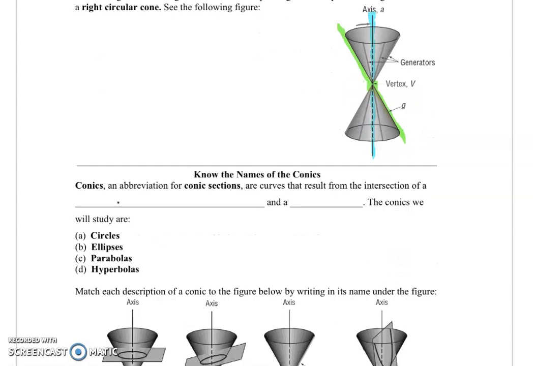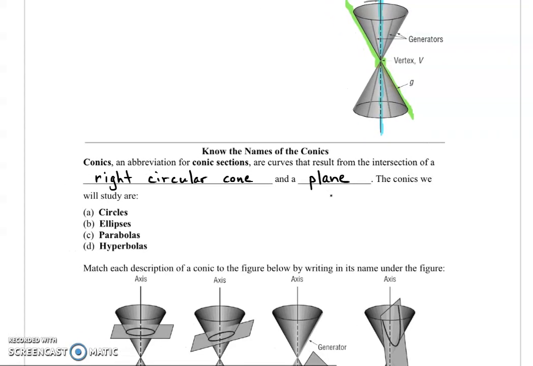So the conics are curves that result from the intersection of one of these right circular cones and a plane. And there are 4 conics we're going to talk about. They're circles, ellipses, parabolas, and hyperbolas.